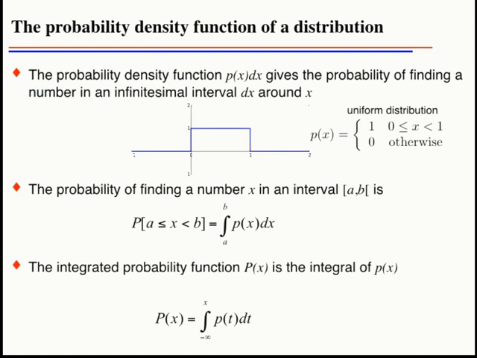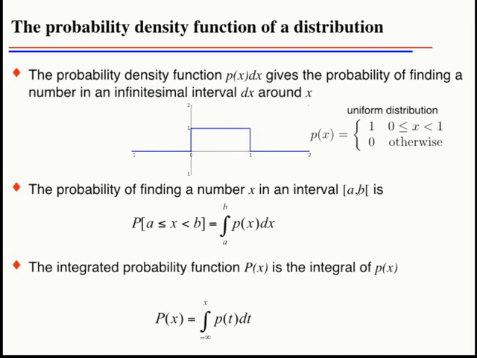A probability density function, p of x times dx, is giving you the probability of hitting a number x plus minus a delta x around this number. And the smaller you make your delta x, this probability is going just to vanish.